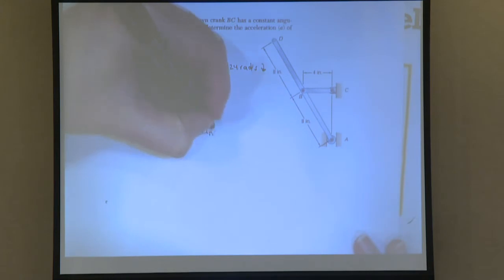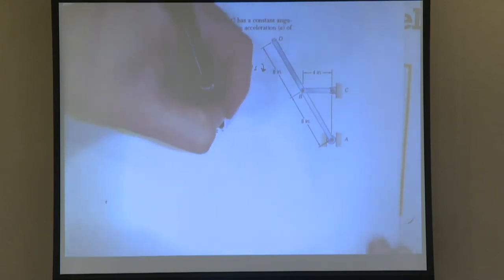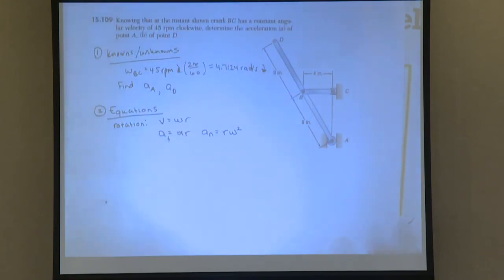For the tangential component, the tangential would be r alpha. What about the normal component? Very good. R omega squared. And which direction does it go? It goes towards the center of a circle, right? So it's centripetal acceleration is all it is.